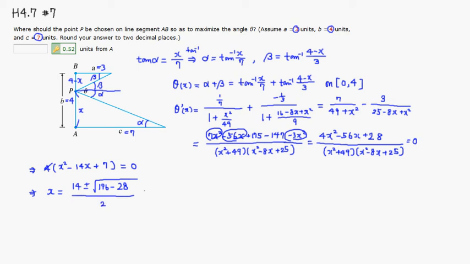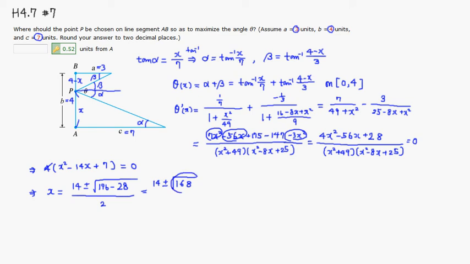So this comes out to 14 plus or minus the square root of 168.